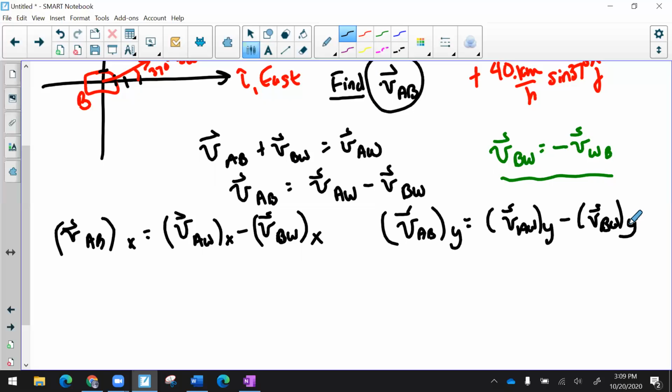All right, so I believe that VAW doesn't have an X component, right? Because it's moving south. So I can just get rid of that, which tells me that VABX is equal to 40 kilometers per hour times cosine 37 degrees, right?